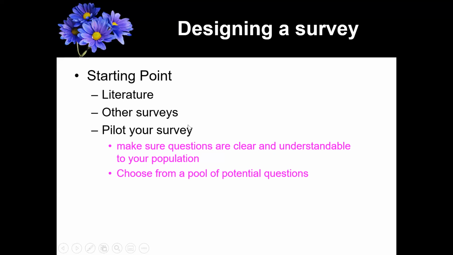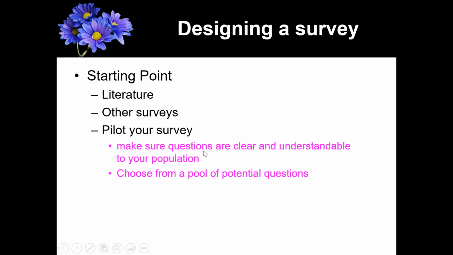And when you're piloting your survey, there are of course things you want to keep in mind. A big one that seems straightforward, but you never know, is to make sure the questions are clear and understandable to your population. And then also possibly choose from a pool of potential questions. Right?